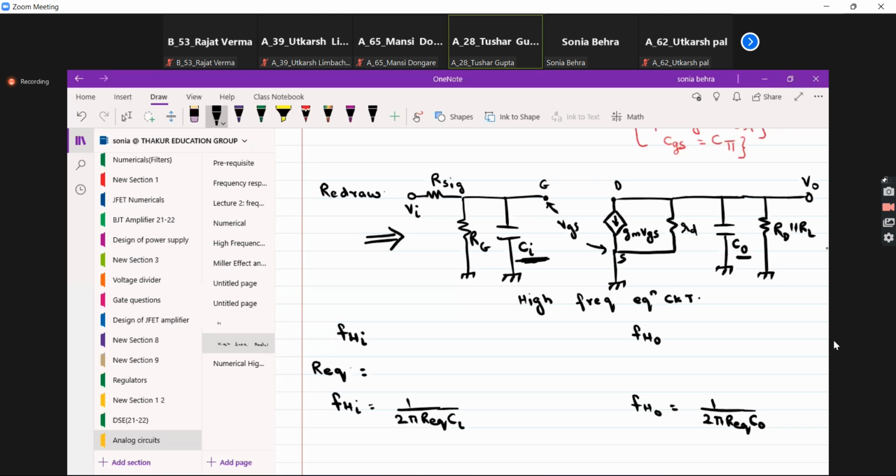R signal parallel to RG. Very good. It is R signal in parallel to RG.